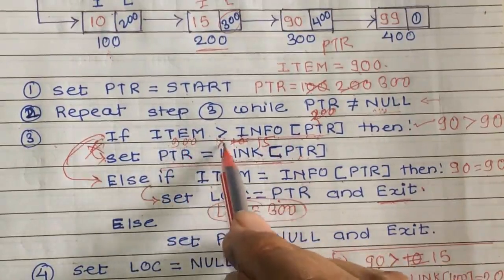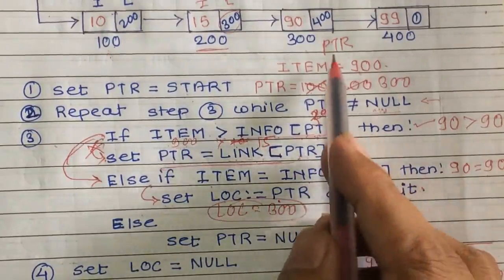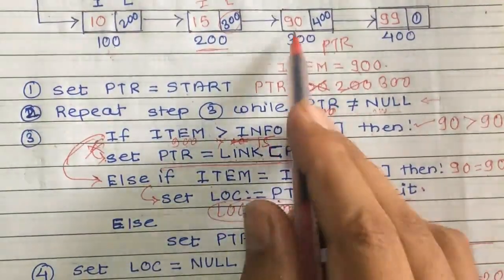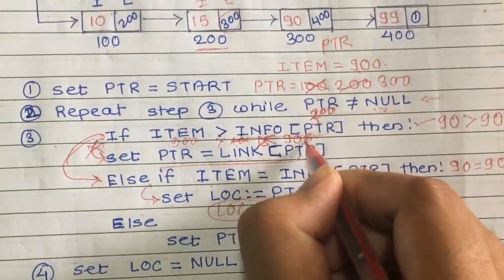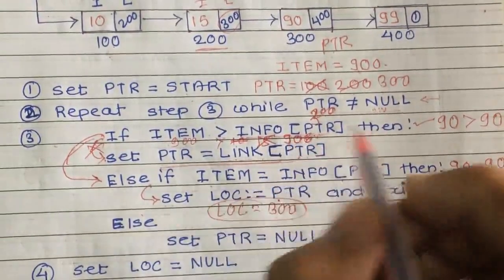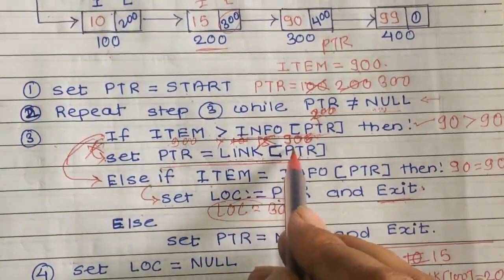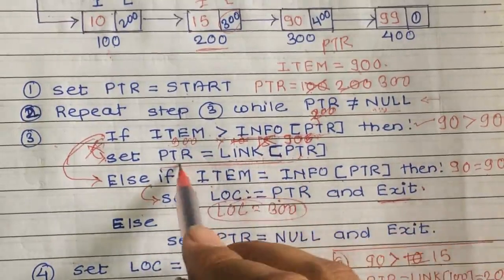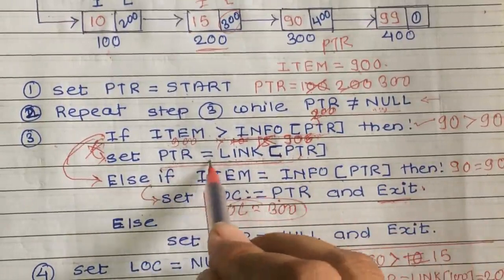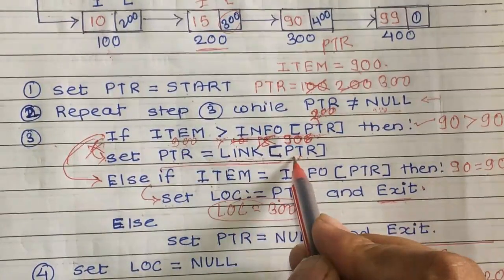Item is 900, info of PTR is now that of 300, and info of 300 is 90. So 900 is greater than 90. Next, again we simply have to move the pointer to the next location: PTR is equals to link of PTR.